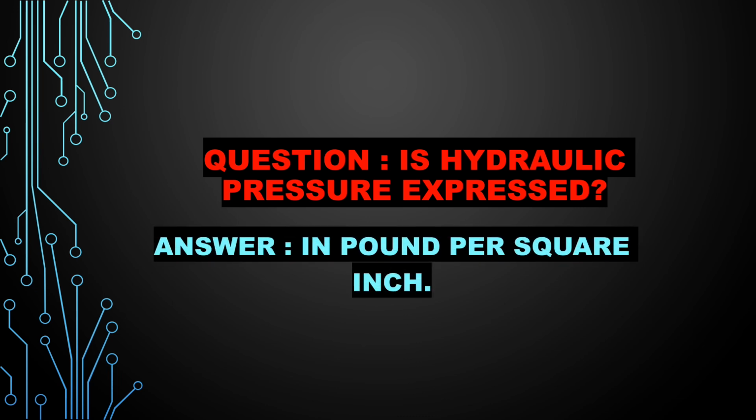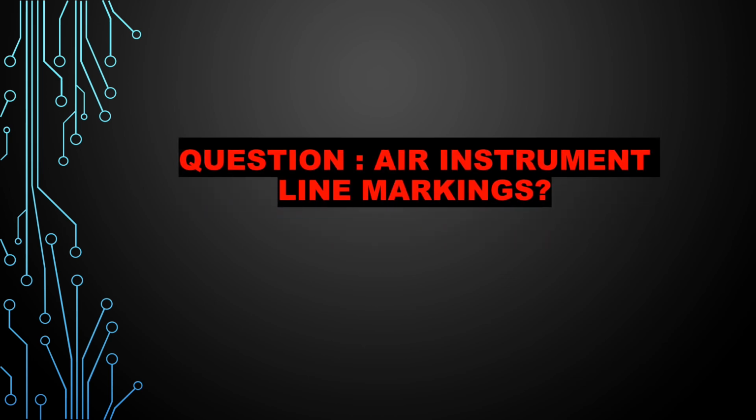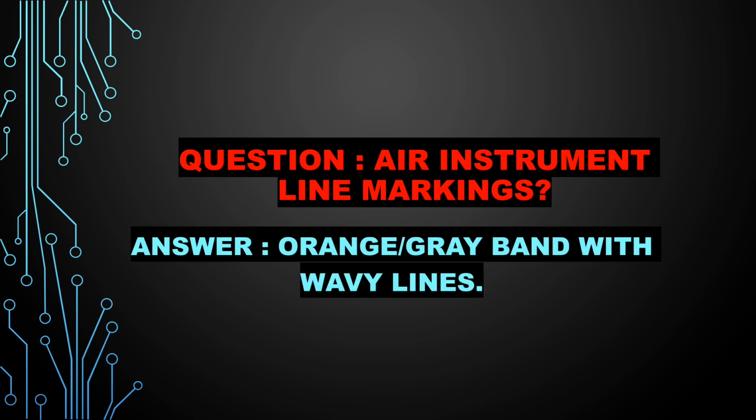Answer: In pounds per square inch. Question: Air instrument line markings? Answer: Orange/gray band with wavy lines.